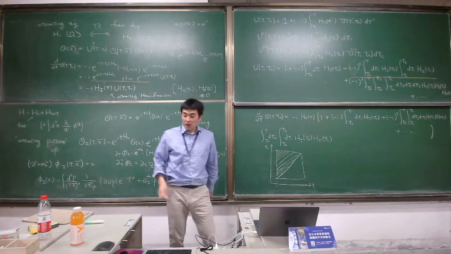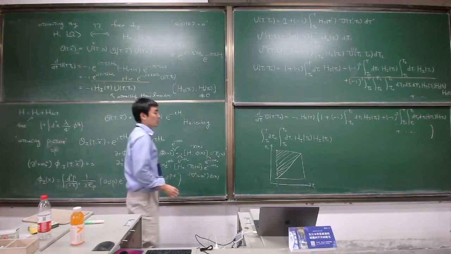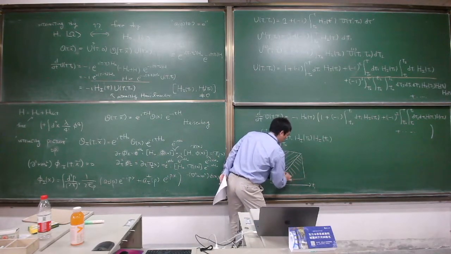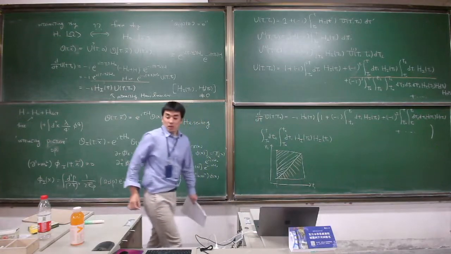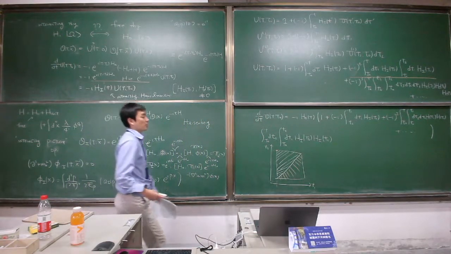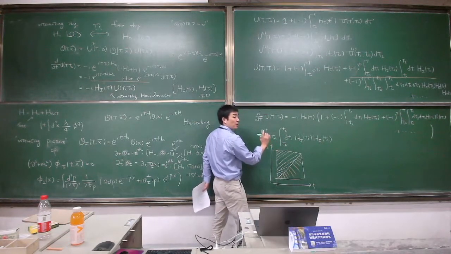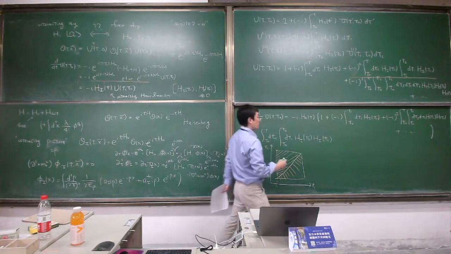Okay? However, this integral is the same as this integral. You just swap the coordinates t2 and t1. t2 and t1 are dummy variables, so you can just swap them.